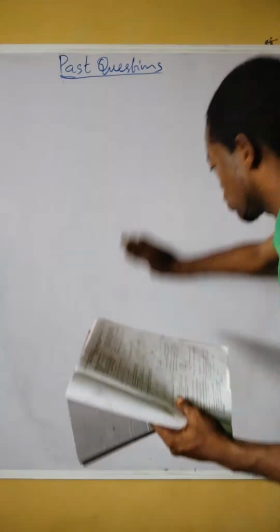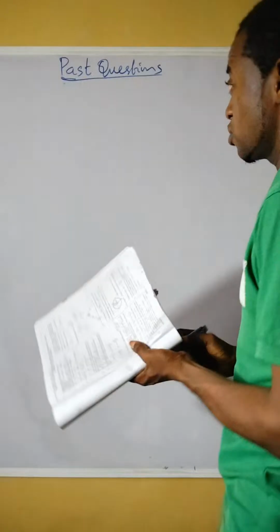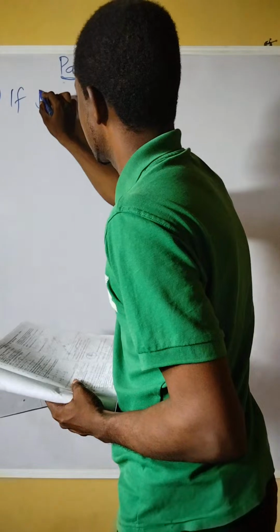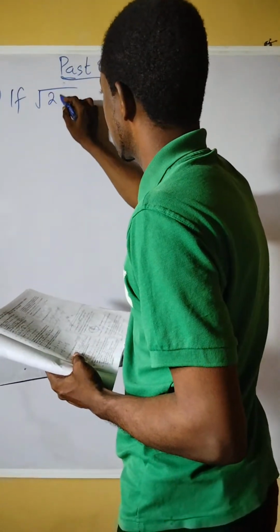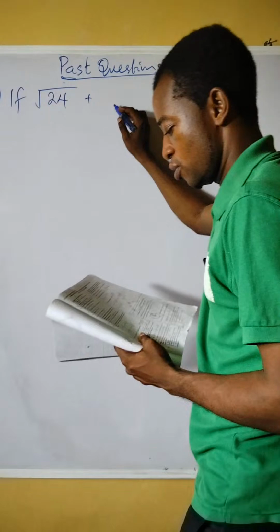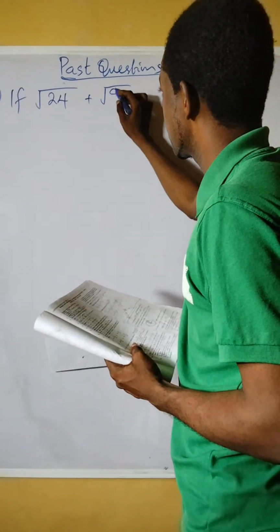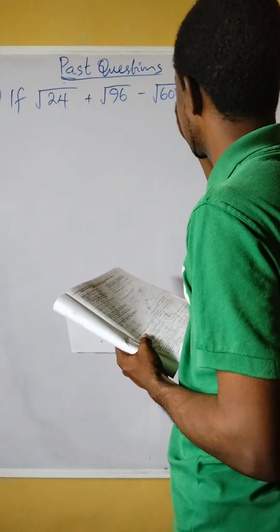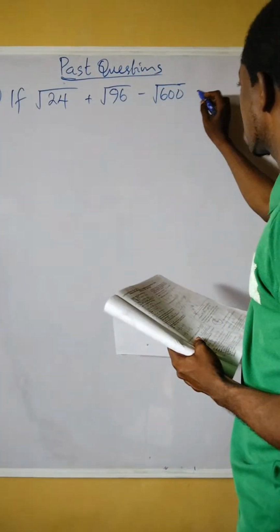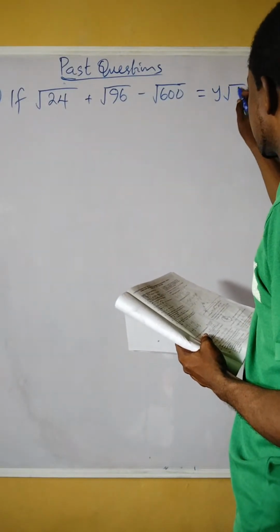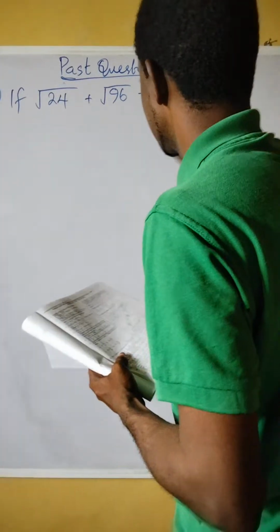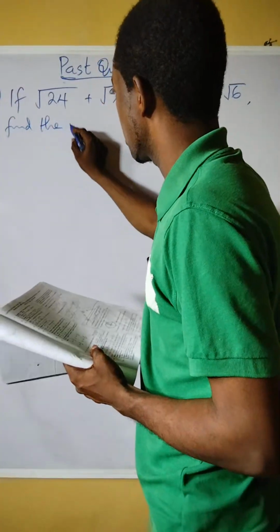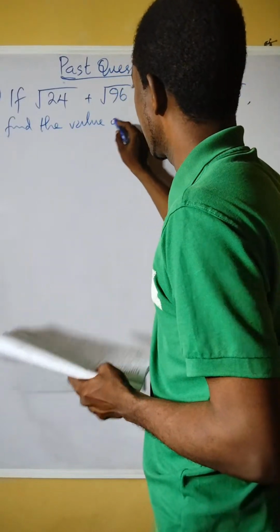The question says, if root 24 plus root 96 minus root 600 is equal to y root 6, find the value of y.